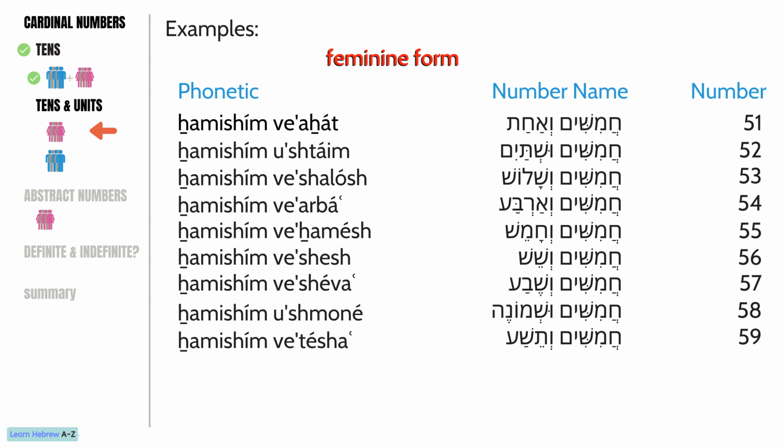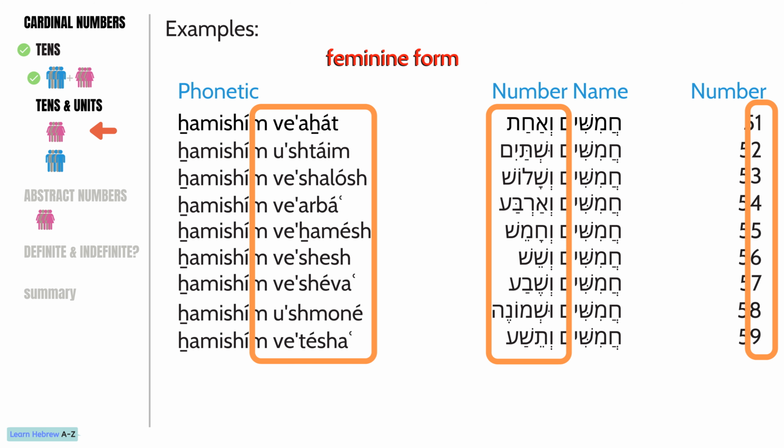Let's look at the units part of the numbers on the screen. We can see that all the units names start with the letter Vav decorated with a different nikud sign. Sometimes it sounds like V and sometimes like U. In other cases, you may hear another version of the letter Vav before the unit number, Va.